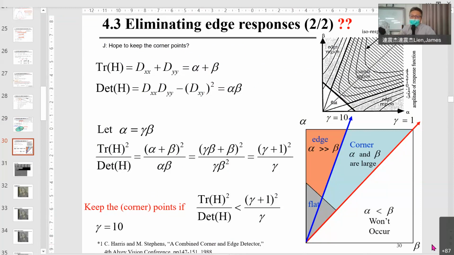So suppose this is eigenvalue 1, this is eigenvalue 2. If both eigenvalues are small, this region is flat, that means there is no texture. It is not a good corner. If eigenvalue 1 is much bigger than eigenvalue 2, or the other way around, it's an edge because it's only one direction.